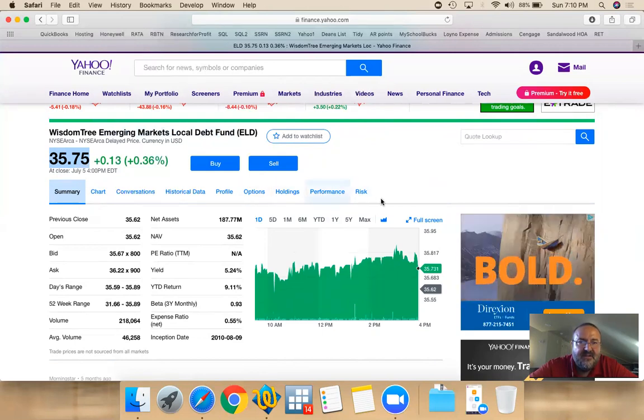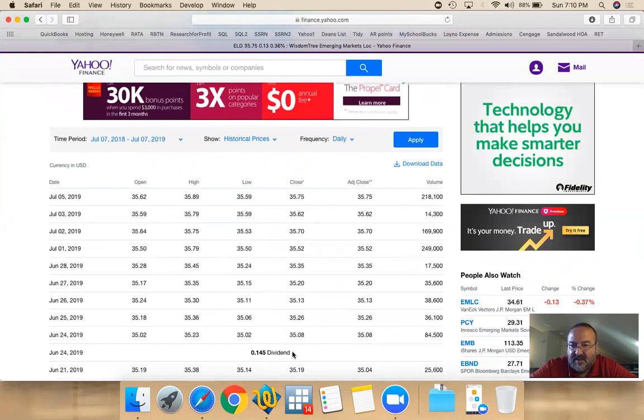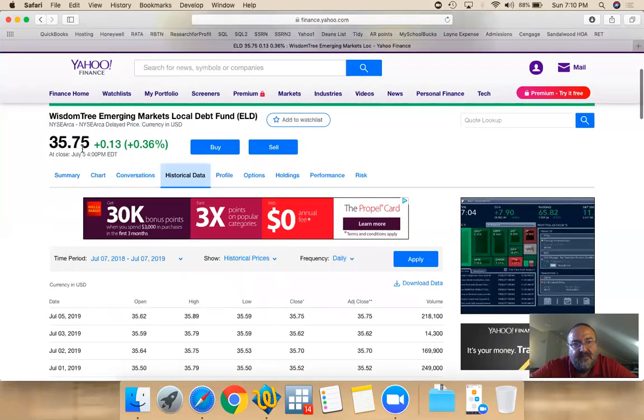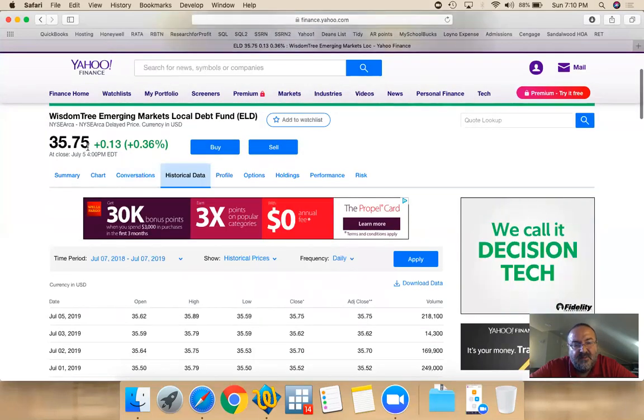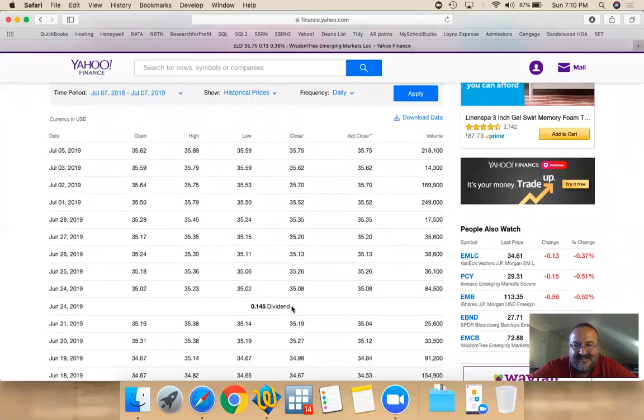If you look at the historical data, this actually paid about 14 and a half cents of a dividend every month, approximately. While this may change, go up or down a little bit, with $35 of investment in this specific one, you could earn a dividend of 14 and a half cents a month for the rest of your life.